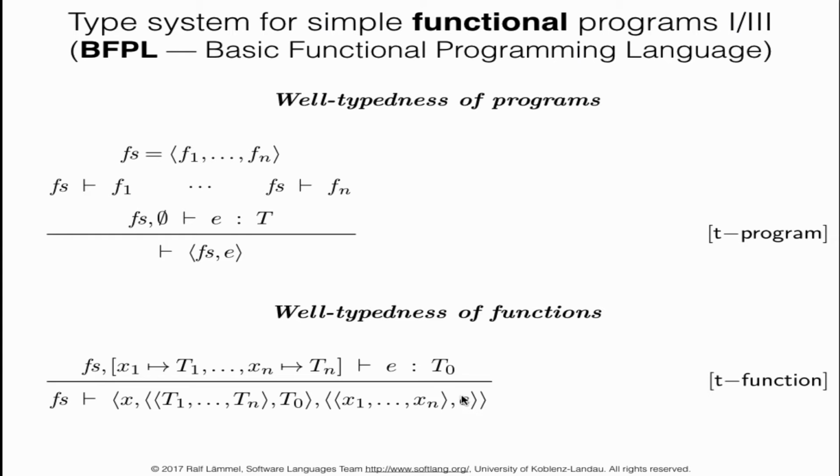And so basically we check that the body of the function e is of the result type t0 in an environment where we have still all the functions fs, because they might be applied within the body. And we also assume this component of the environment here where we bind the argument names to the argument types. So we can show that e is of the expected result type t0, assuming the arguments to be of the declared argument types.